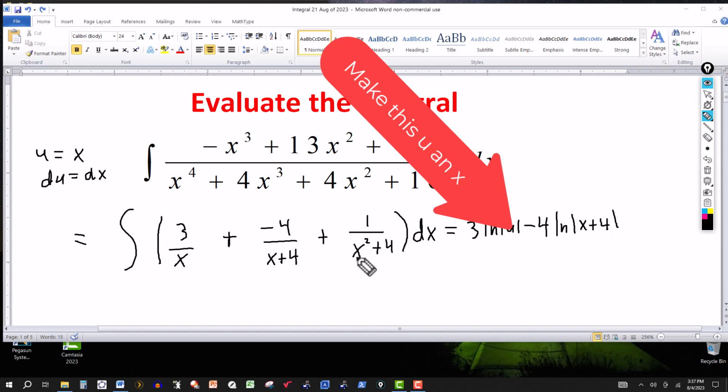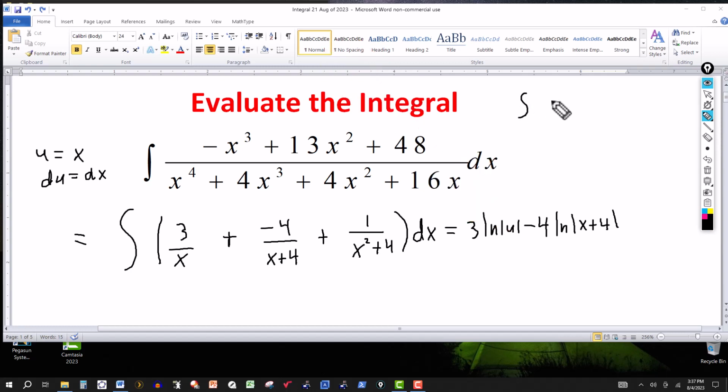And now for this one here, this one is in the form. It's one of your main formulas for leading to inverse trig functions.